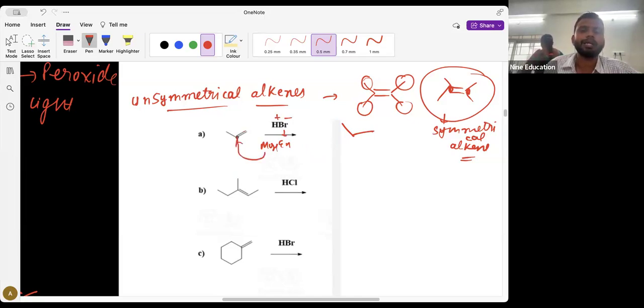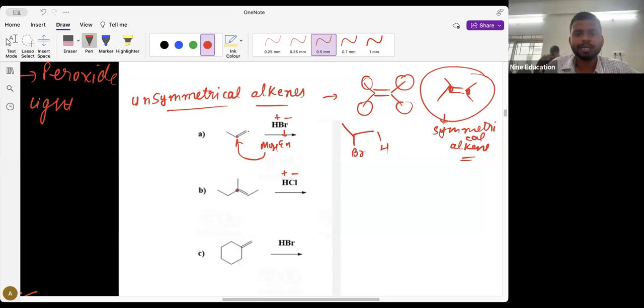यहाँ पर नहीं आता, यहाँ पर तो बहुत ज्यादा substitution है. He has more substitution. This carbon has more substitution with respect to this. So this product में यहाँ पर Br आएगा और यहाँ पर H आएगा, है ना? Let's say second example also, if I take, let's say here H positive Cl minus and we have an alkene, है ना?